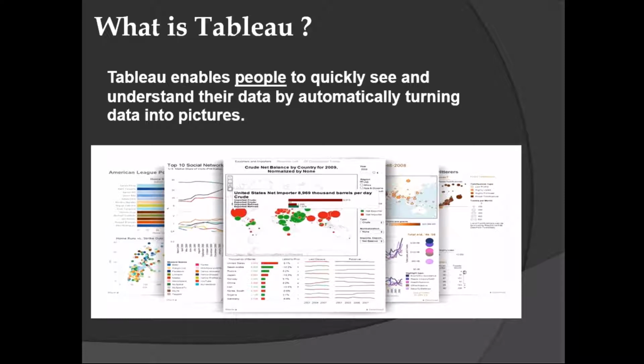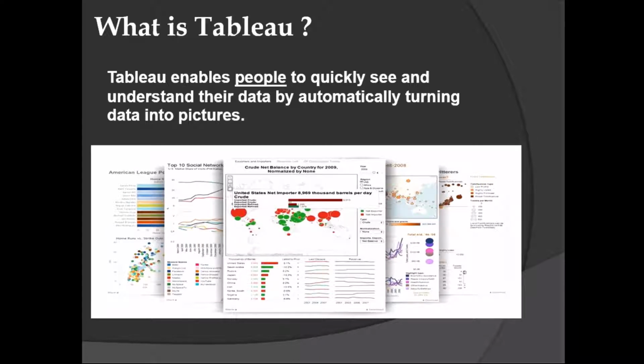What is Tableau? In simple terms, Tableau enables people to quickly see and understand data by automatically turning data into pictures. What Tableau does is quickly turn data into visual formats or visual graphs. Below, there are some dashboards created using Tableau.